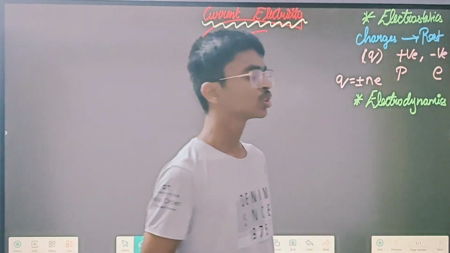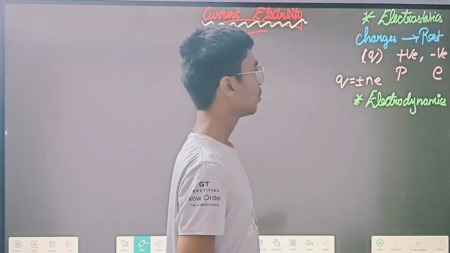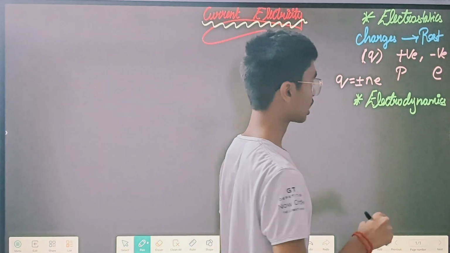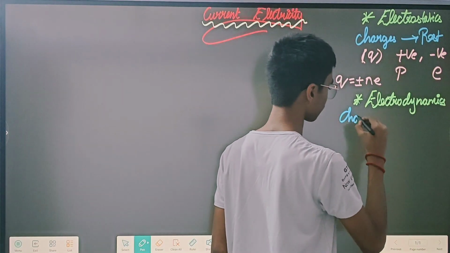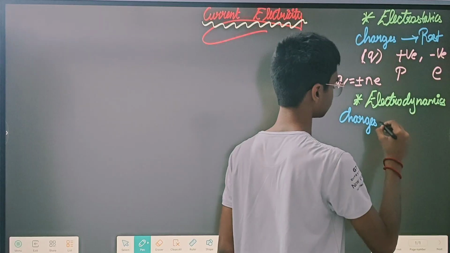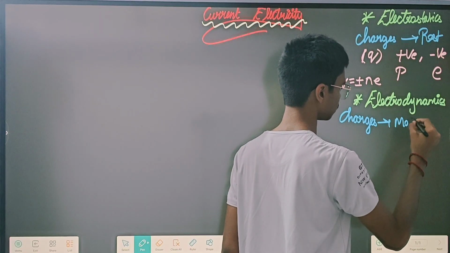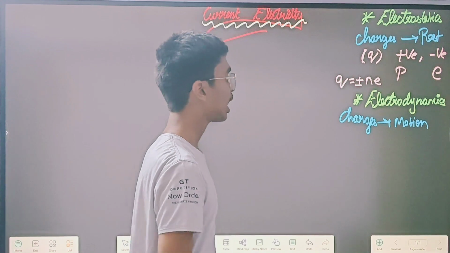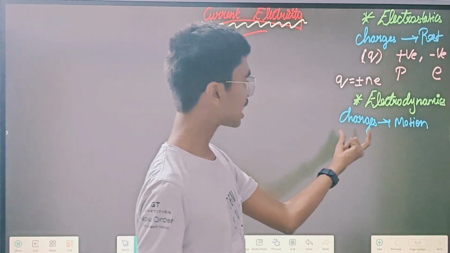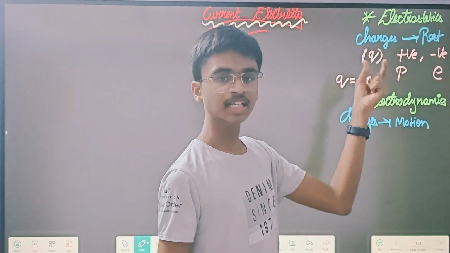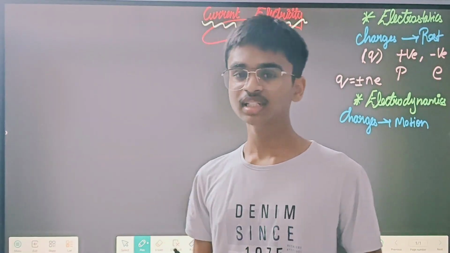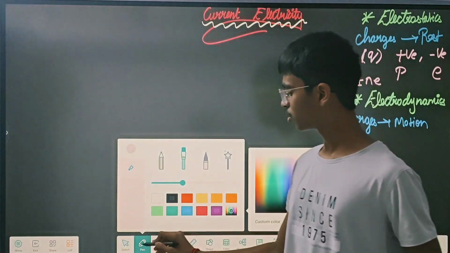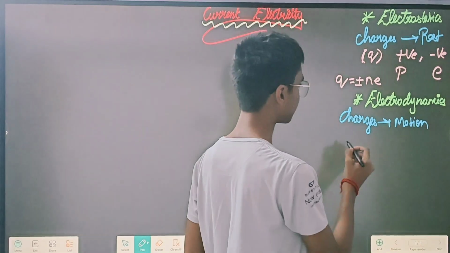Now we will be jumping into electrodynamics, where charges aren't at rest, charges are actually in motion. That means here you cannot write charge as q. In electrostatics we were writing charge as q, but in electrodynamics you have to write it as e.